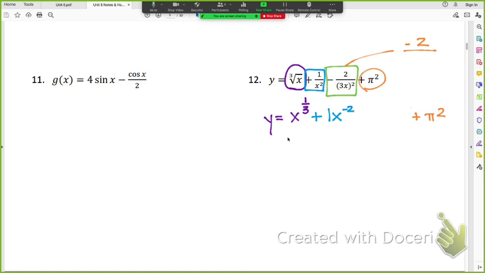When it's on the bottom and squared like that, it might be easier to just square it now. That 3 squared becomes 9, and that x squared becomes x squared. So what that does for me is makes it a little bit easier to think about it as a fraction times x to the negative second. Okay?